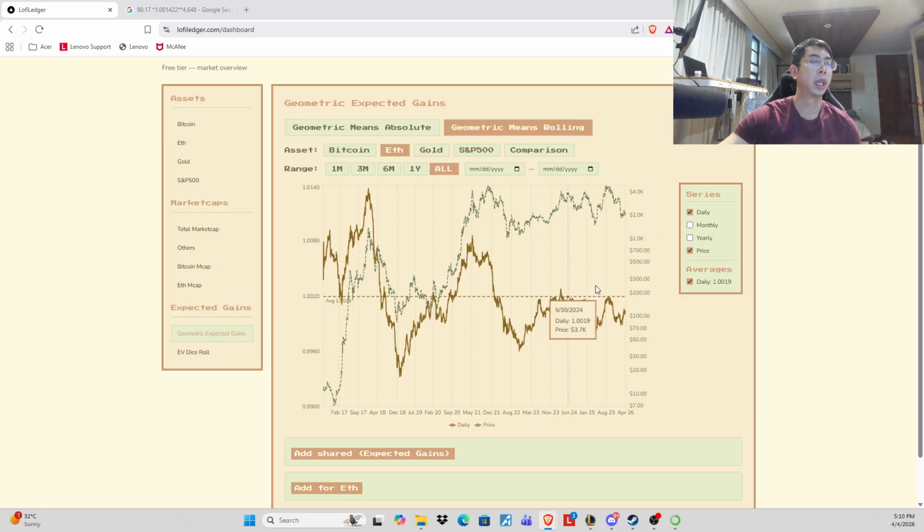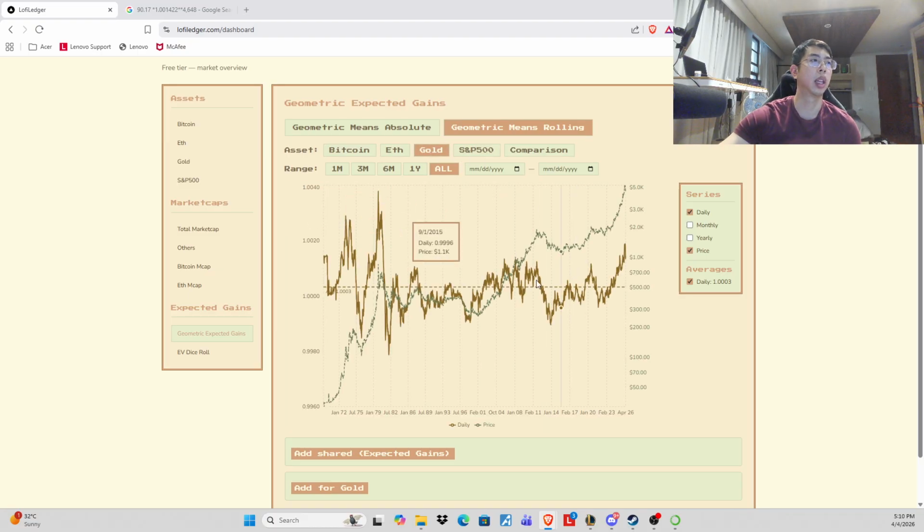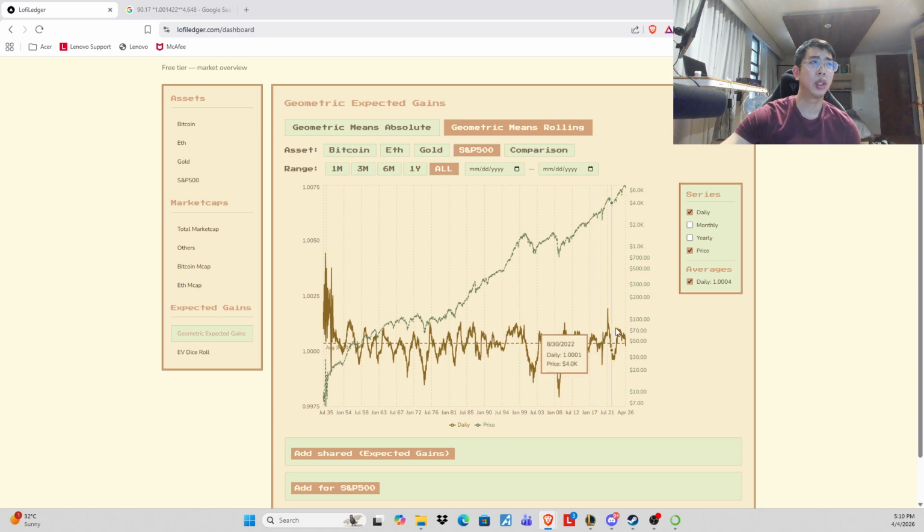But yeah, that's how I use the rolling geometric mean. It gives me an idea of where the yearly interest rate is and how it compares to historical values. And then I use it almost like an indicator to see if I'm going to scale in or scale out of an asset.